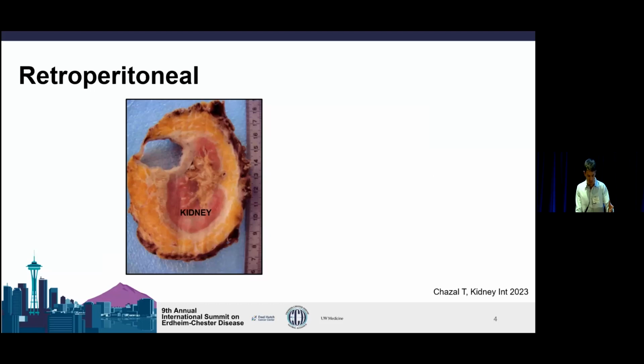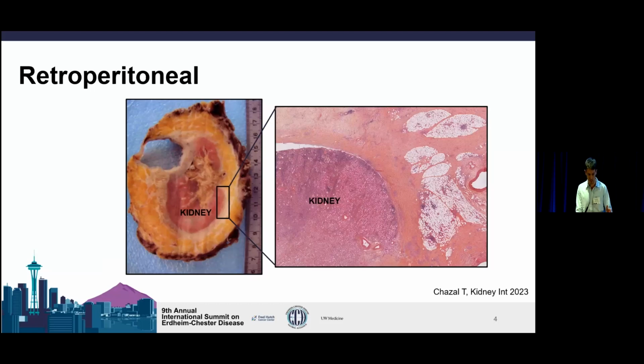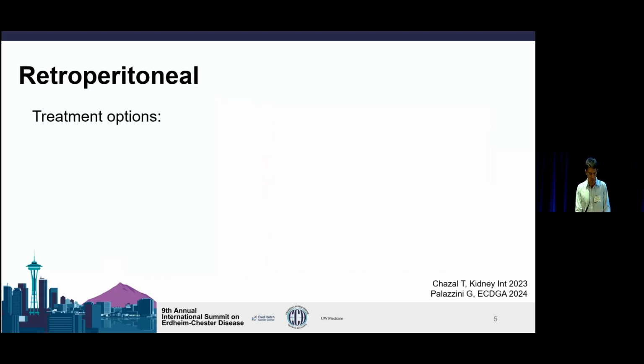We see this is a bioptic piece from ECD involvement of the kidney. It's not touched. It's just surrounding the kidney. We see all these loci of histiocytic infiltration that cause fibrosis and result in what we see microscopically.